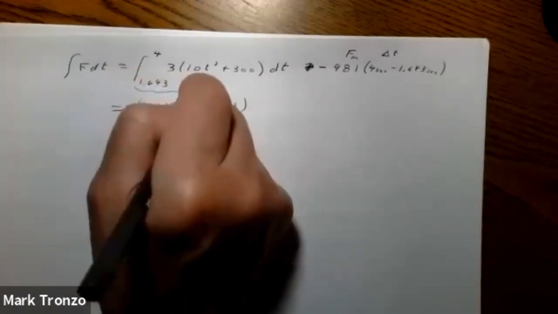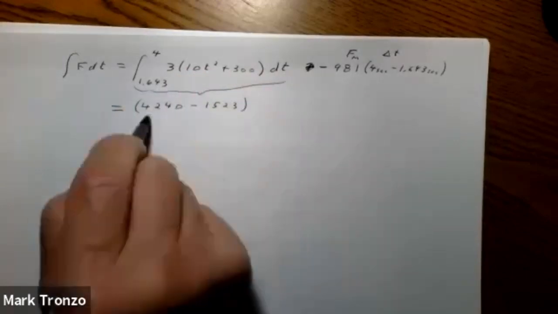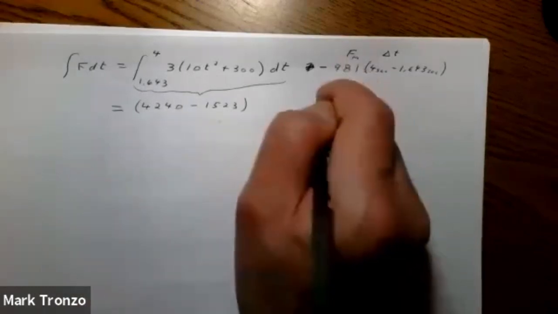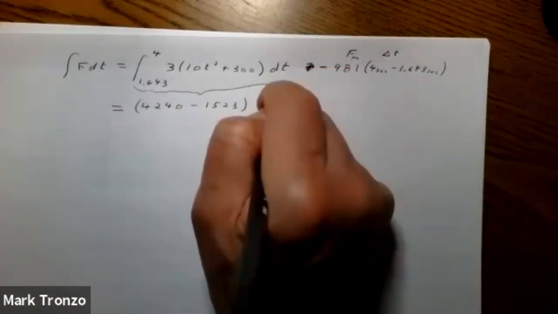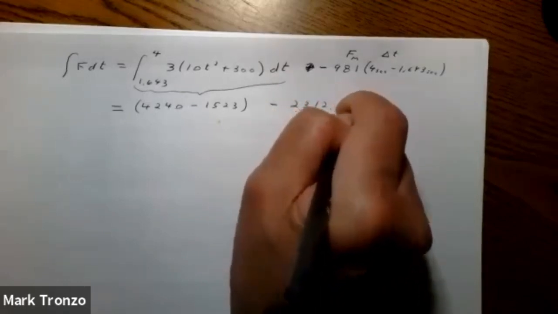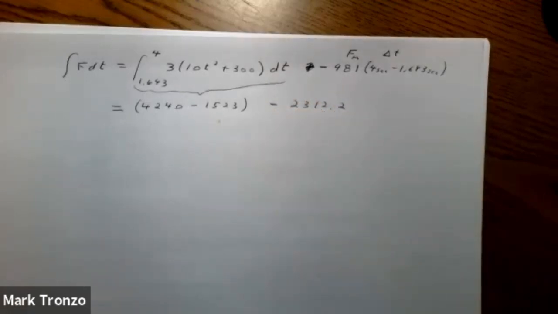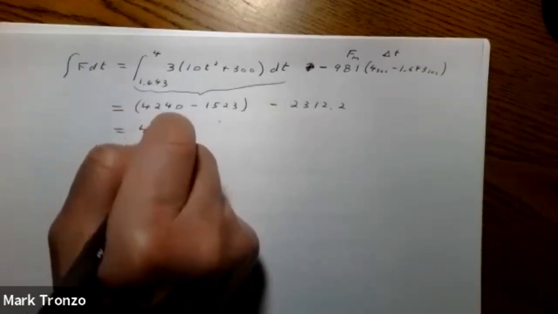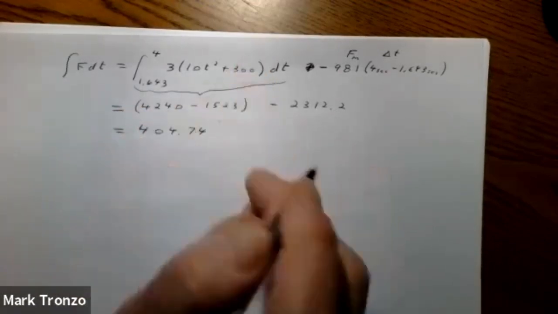That's this part right here. You can check it, but all I did was integrate this and put the bounds in, got this. Then over here, this was minus 2312.2. And so this was 404.74.